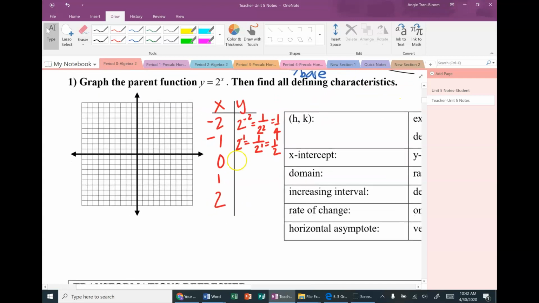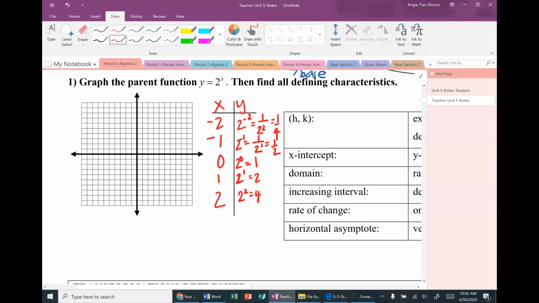Next is going to be 2 to the 0 power, so that's going to be 1. 2 to the 1 power is 2. 2 to the second power is going to be 4. So these are your inputs and outputs.